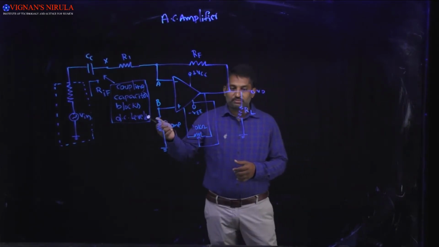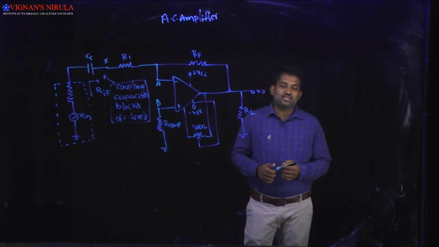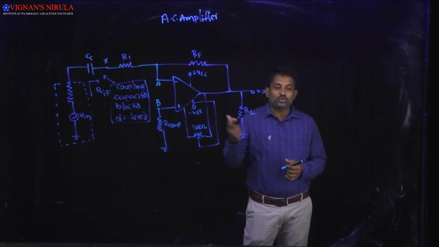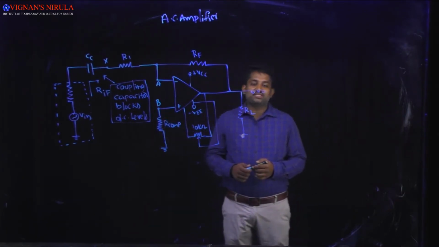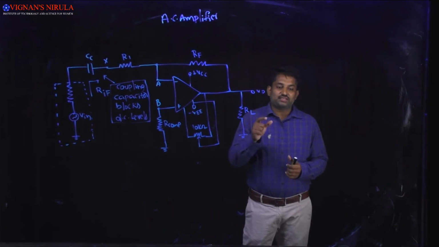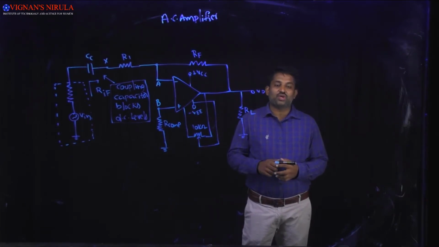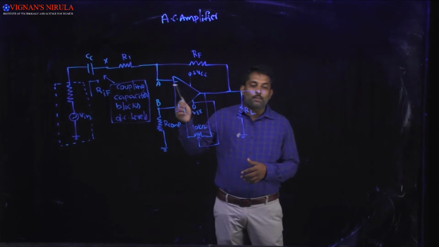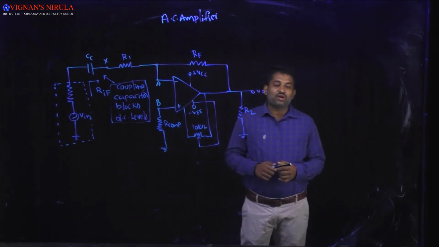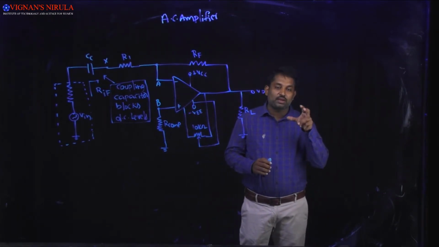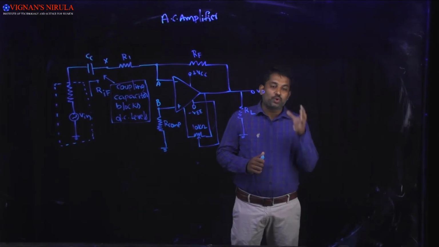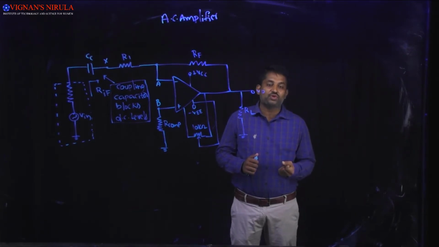Sometimes a DC level is also produced along with the AC signals. In that type of AC amplifier, we use coupling capacitors to block the amplification of DC levels.